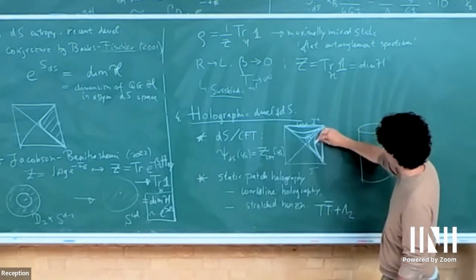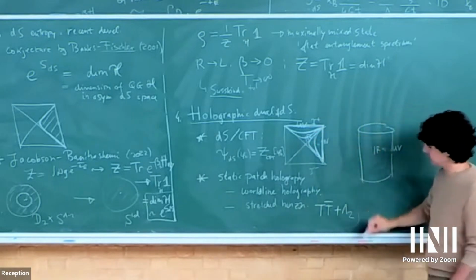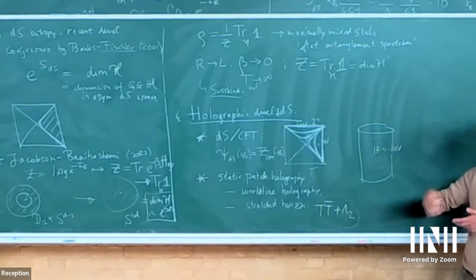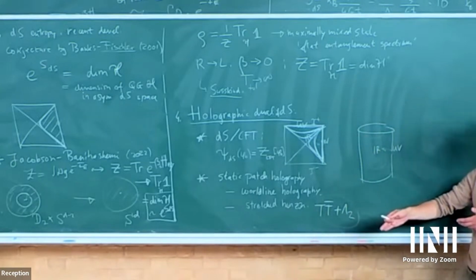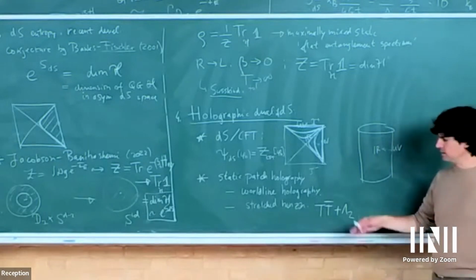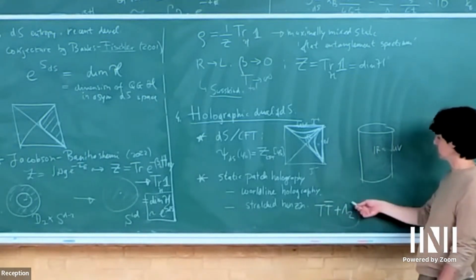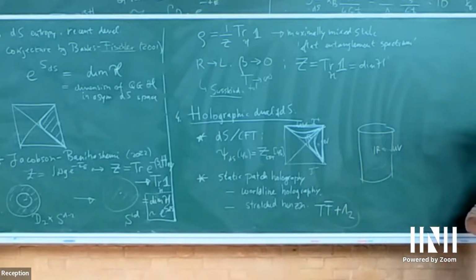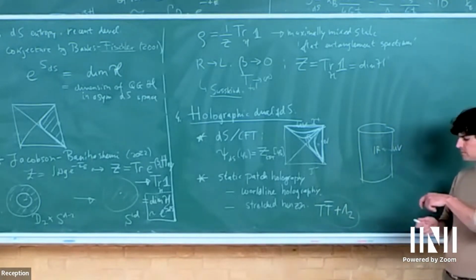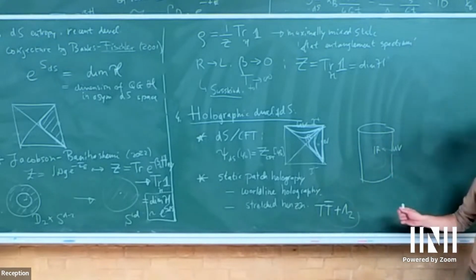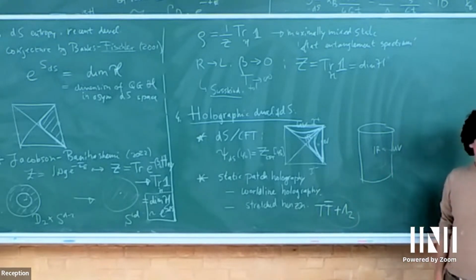In that case, all these surfaces are related by this irrelevant deformation, and the energy changes, but the entropy stays the same. That's how they can calculate the entropy, because the energy lines don't cross, so the entropy stays the same.